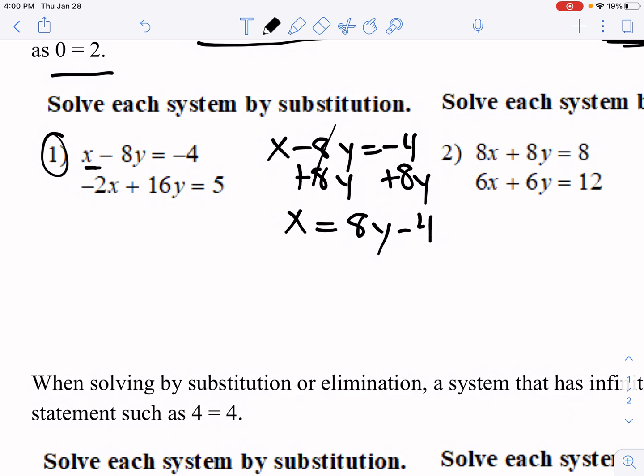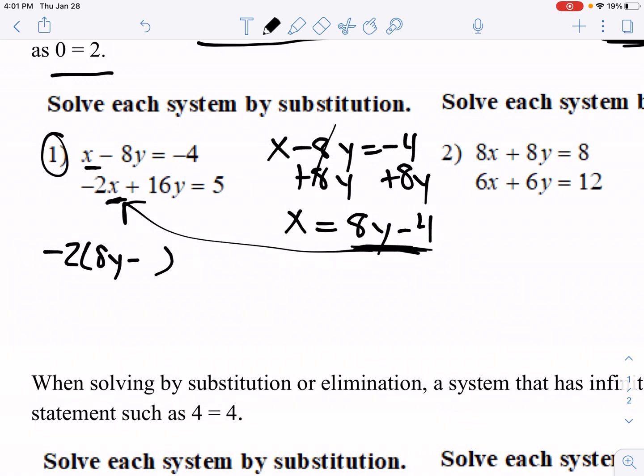So what we can do is take our expression and substitute it into the x value of the second equation. Okay, so replacing this in for x here, we're going to have a negative 2 times the new expression that we found that x is equal to, 8y minus 4, okay, plus 16y equals 5, okay?